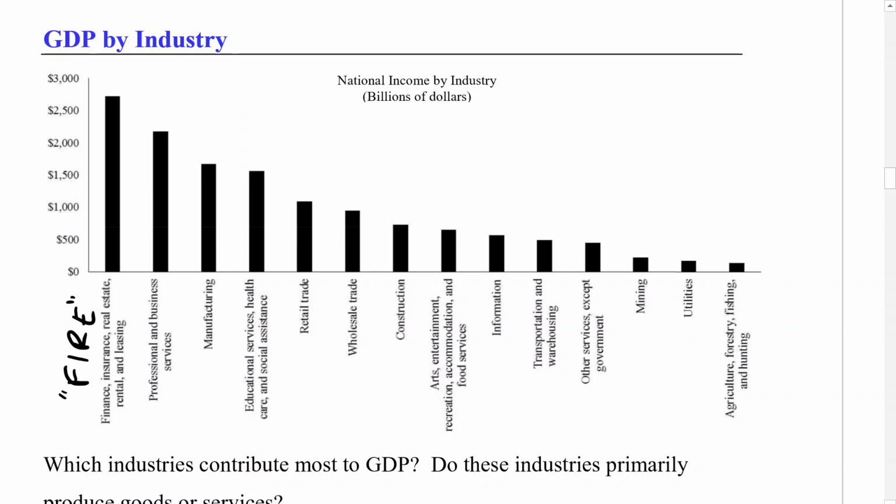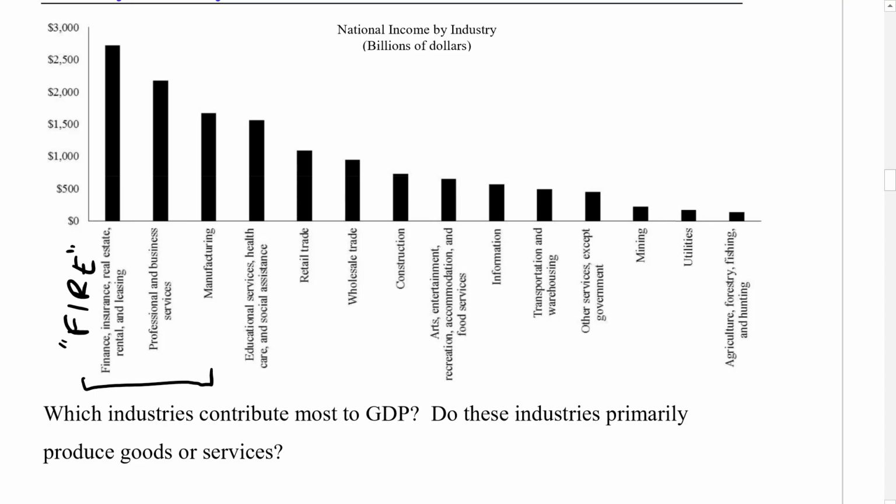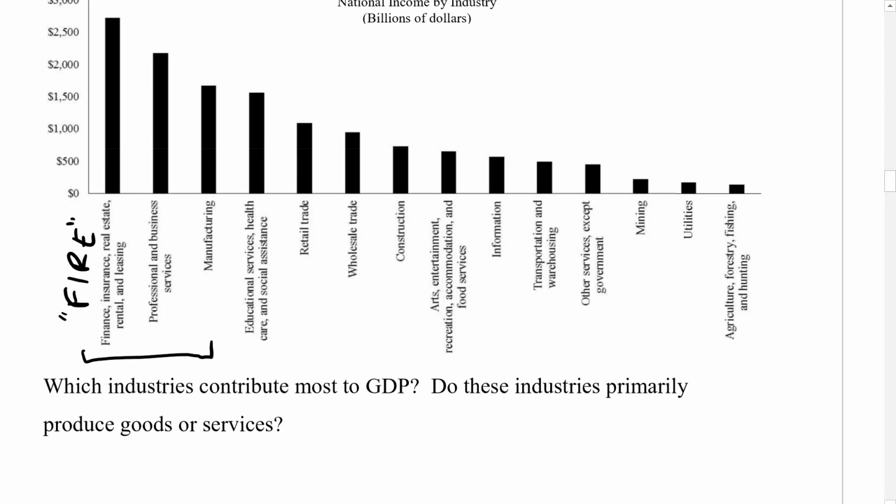Then professional and business services, and then manufacturing, which we'll talk about in a little extra detail in just a moment. Which industries contribute the most to GDP? Are these primarily goods or services? And then we'll also look at the lowest few industries, which sometimes comes as a surprise.